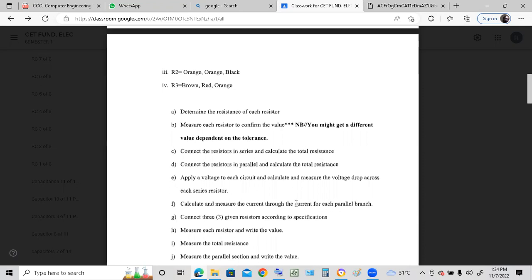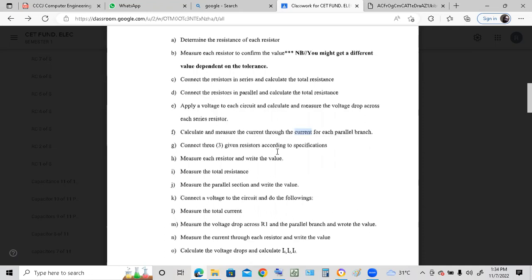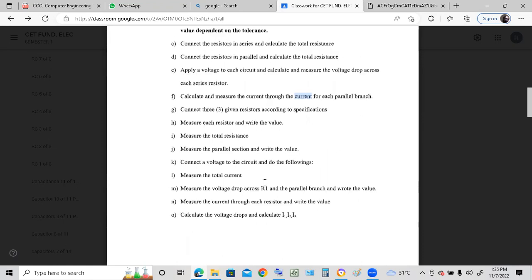So this is supposed to change to resistor. So I'm going to change this right here. So I'm going to edit it and change it. Connect 3 resistors according to specification. Measure each resistor and write the value. Measure the total resistance, measure the parallel section, and write the value. Connect the voltage to the circuit and do the following. Measure the total current.